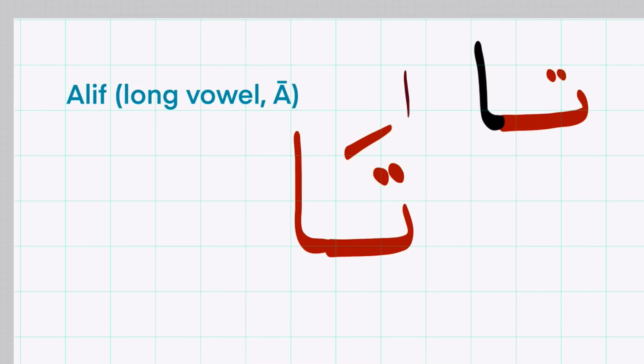How do you think it would look if it is attached to the oo or waw letter? Oo or waw long vowel. And how would it be pronounced? Try, think, too. Let's do it.